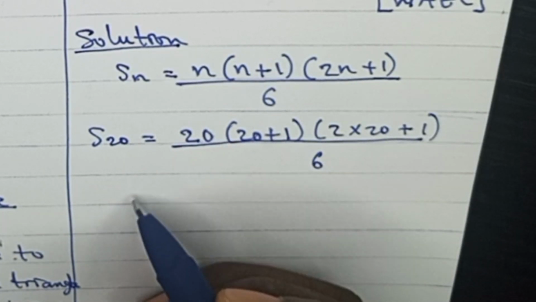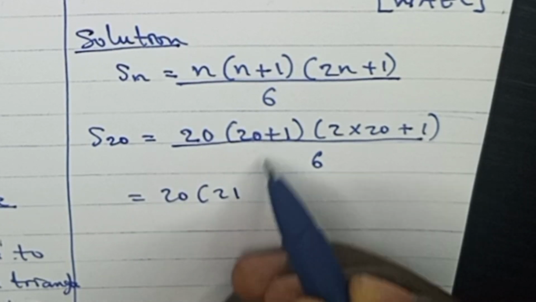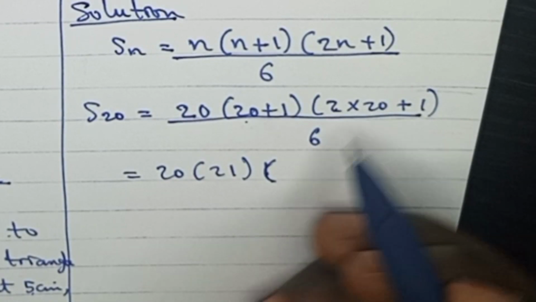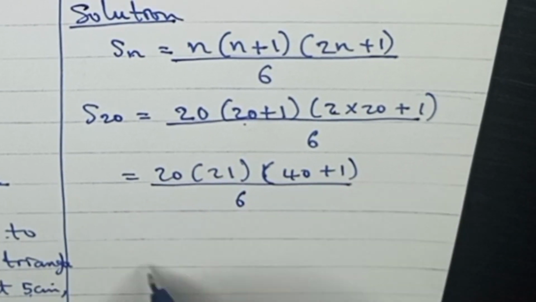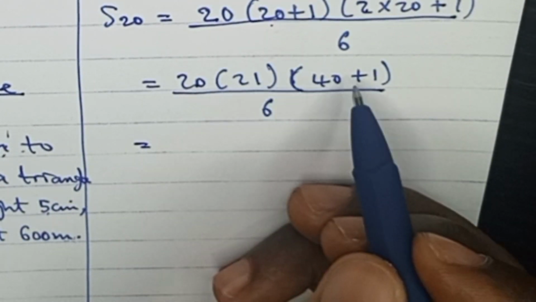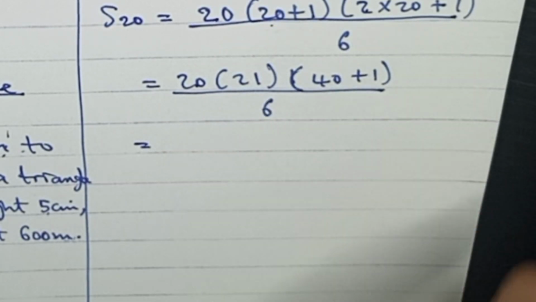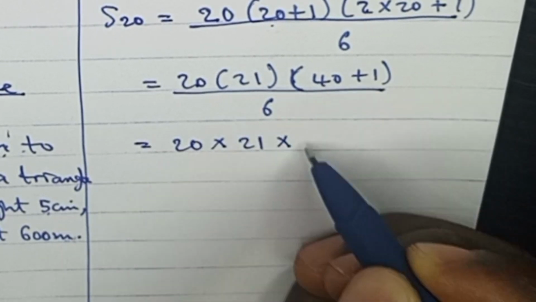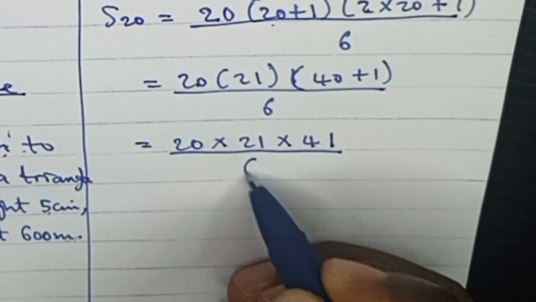From here we solve, which is equal to 20 into bracket 21, that's 20 plus 1, into bracket 2 times 20 gives us 40 plus 1, all over 6. Let me open the bracket. So we have 20 times 21 times 41 all over 6.